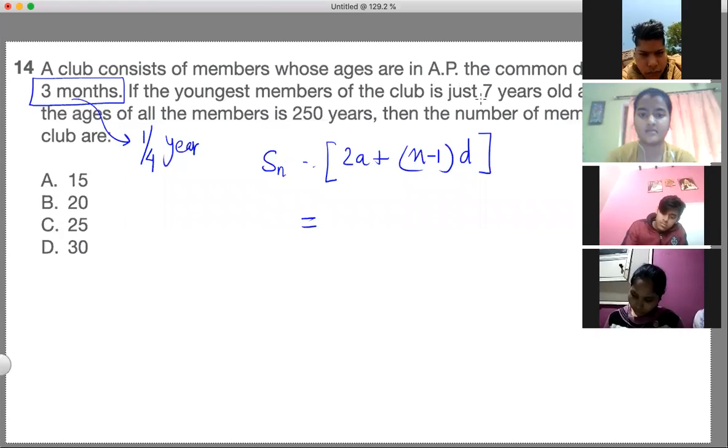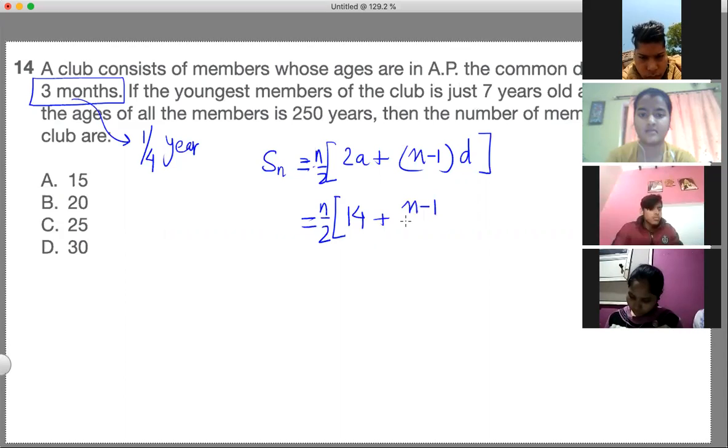So Sn is equal to n by 2. Okay, n by 2, 14 plus n minus 1 by 4. Okay, d is 1 by 4.